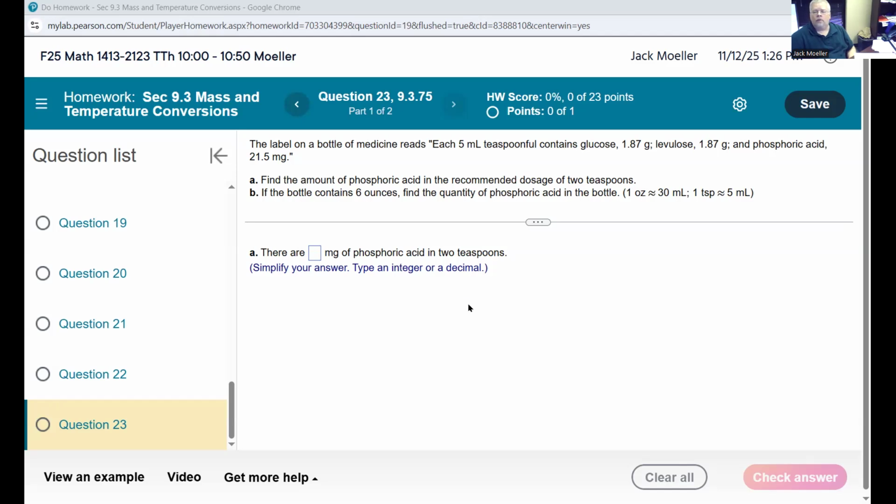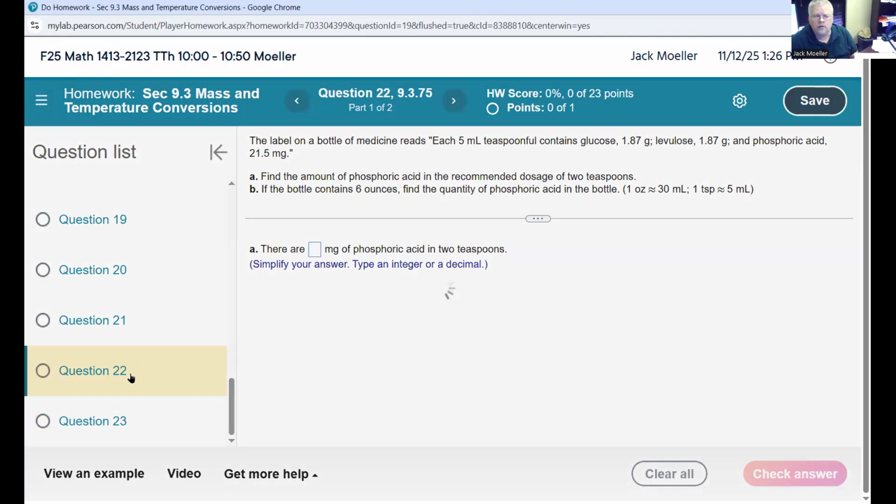All right, so the label on a bottle of medicine. Is that the one I was looking at? No. Okay. This is more allied health, but also a chemistry sort of question as well. The label on a bottle of medicine reads: each 5 milliliter teaspoon contains glucose of 1.87 grams.